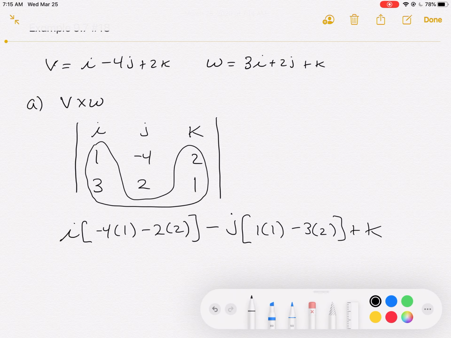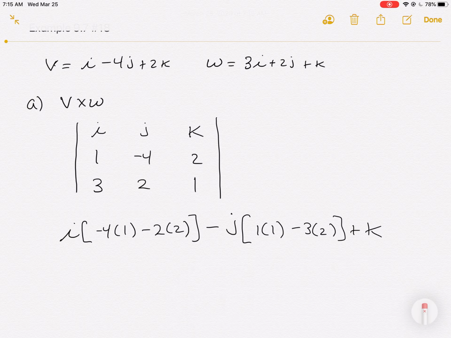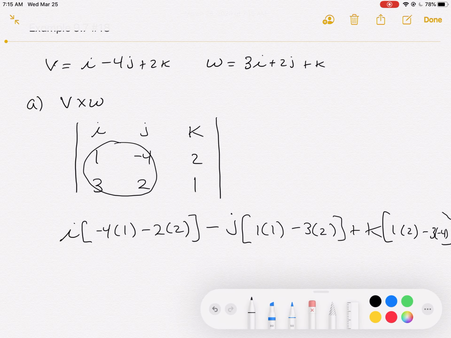So we get rid of that circled area. And then for k, we're going to do the determinant of what's over here, which is 1 times 2 minus 3 times negative 4. See if I can sneak that in on the side. Okay, I'll start farther over next time. So that's what we have.